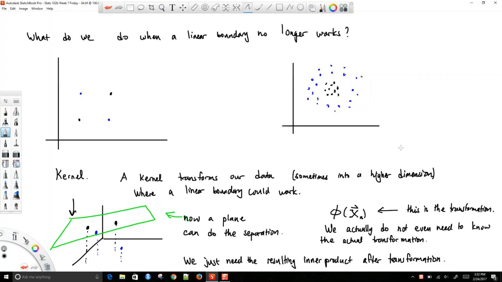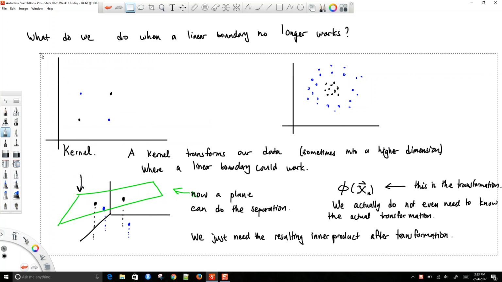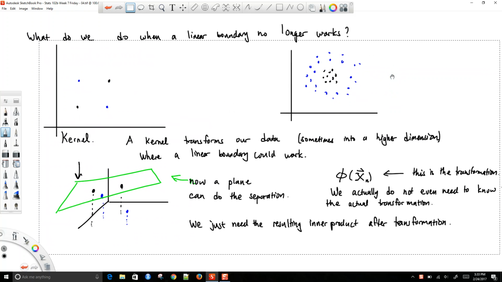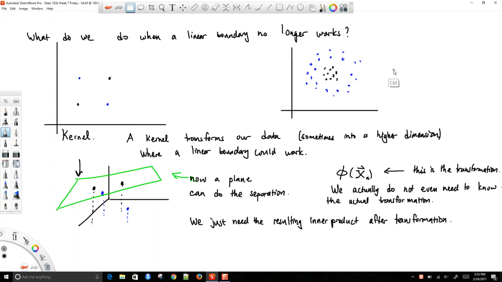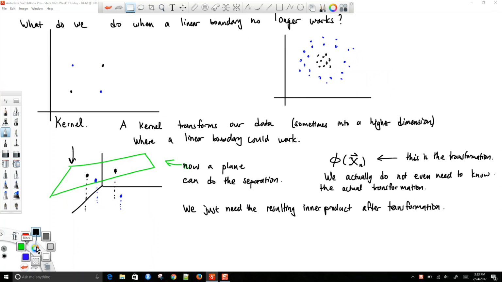So what this results in is that we apply the kernel to a pair of points, x_n and x_m.